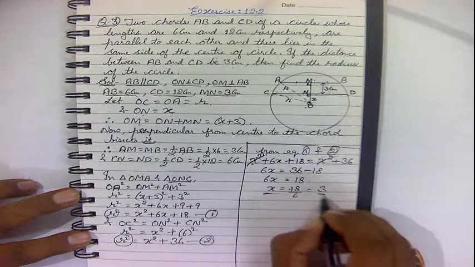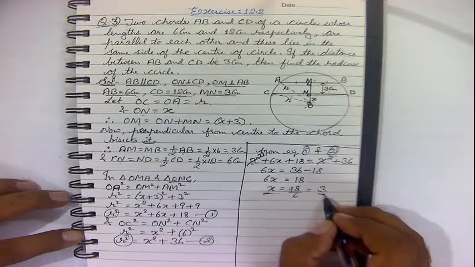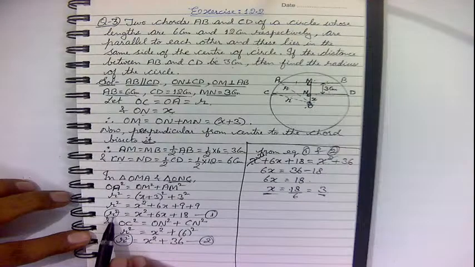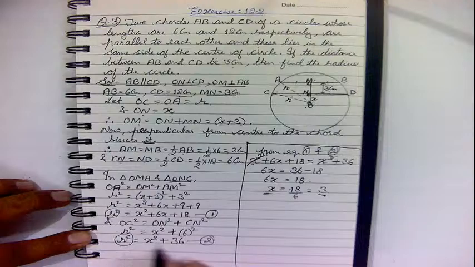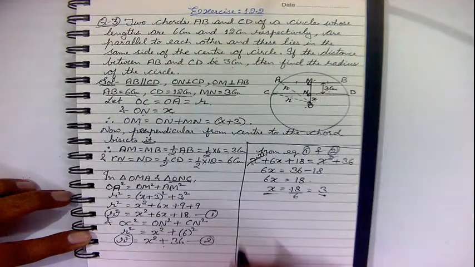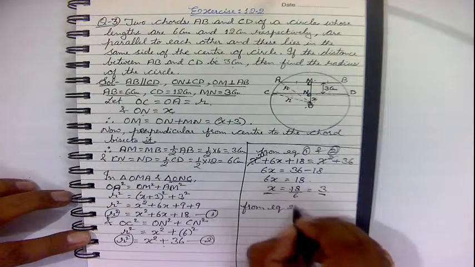तो हमारे पास आ गई वैल्यू किसकी, x की. We get the value of x, but what do we have to find out? We have to find out the radius. So for the radius, either you substitute the value of x in equation 1 or in equation 2. Now substitute in any one of them. So substituting in equation 2 will be easier.